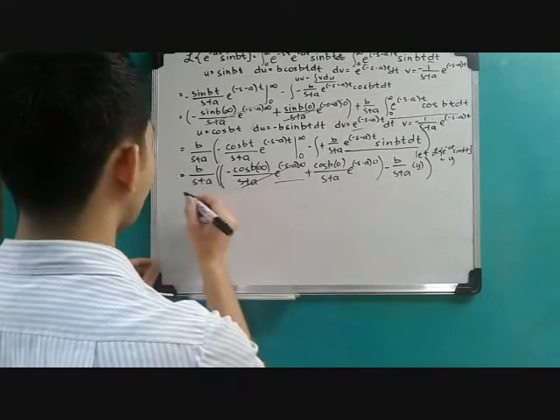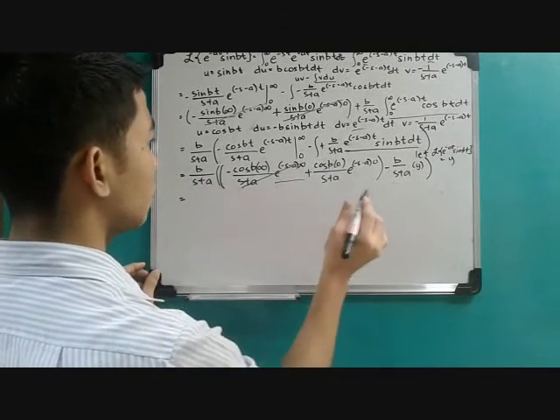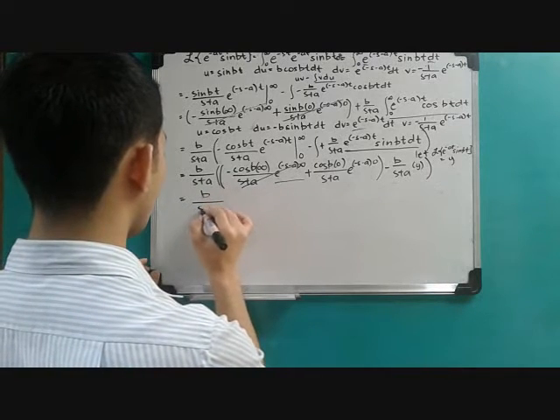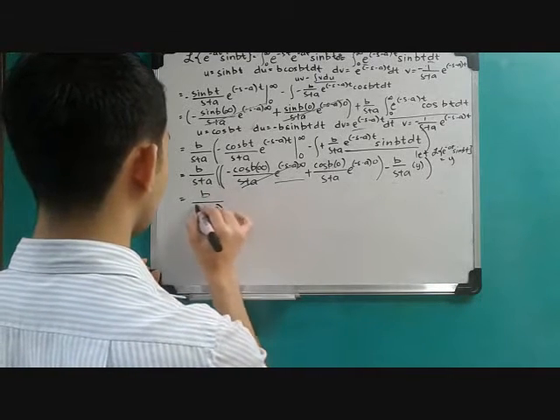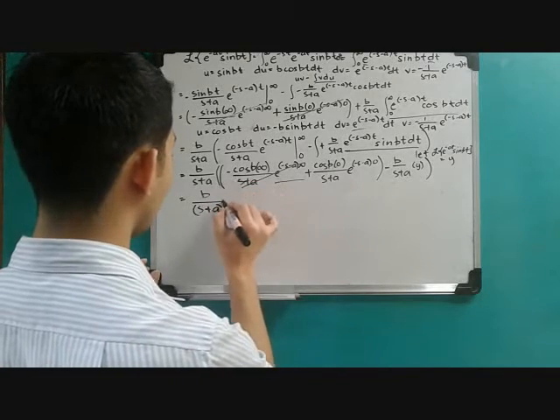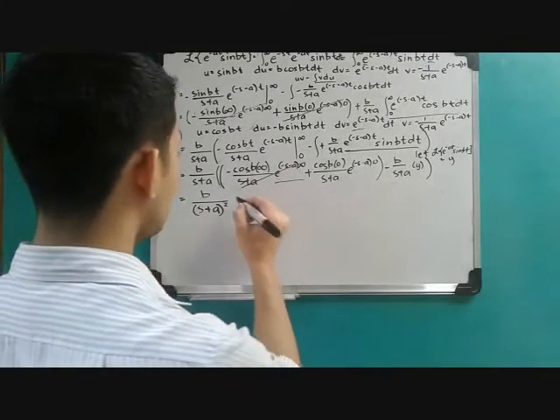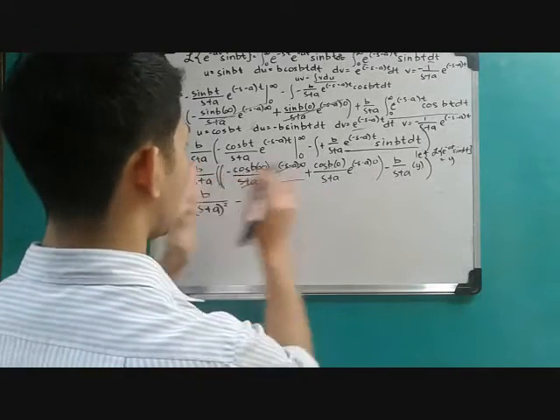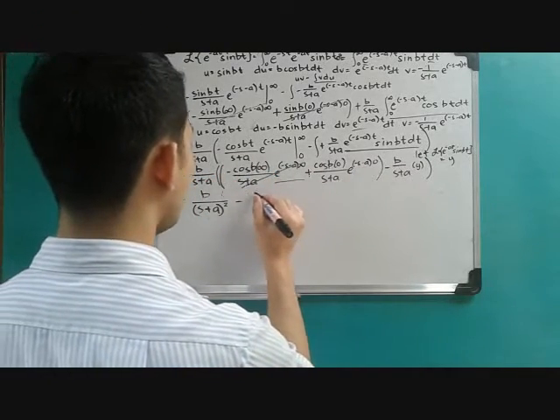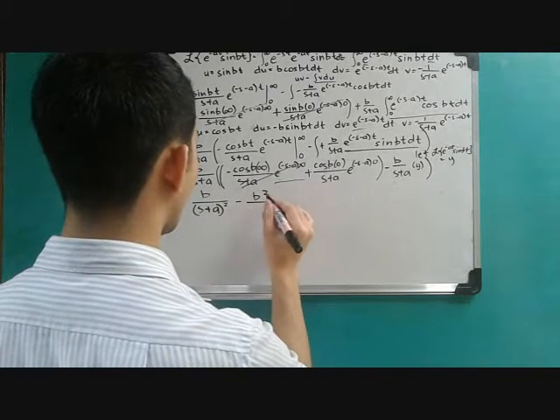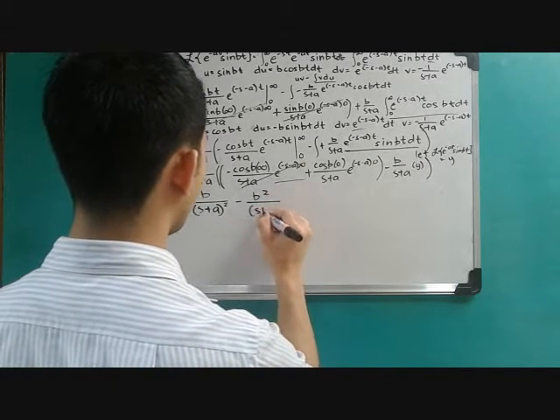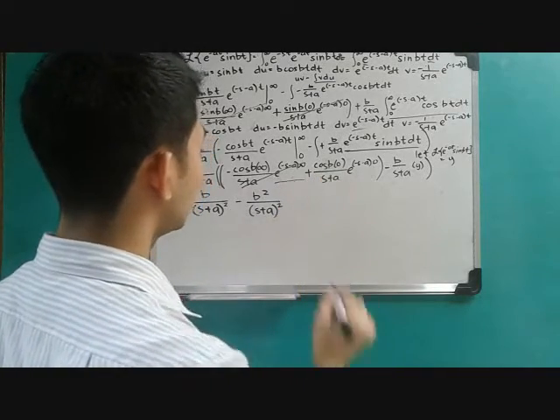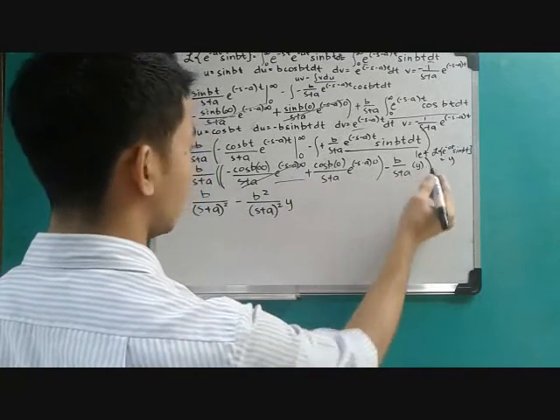So this will become b over s plus a quantity squared minus, multiply this by this, so negative b squared over quantity s plus a quantity squared times y here.